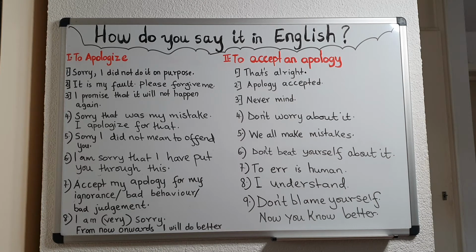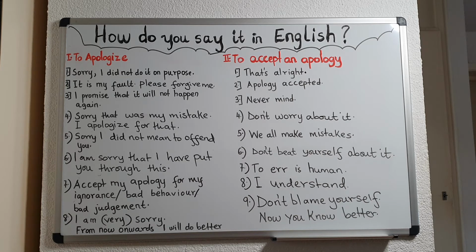You did not realize that it was going to hurt them. Okay, sometimes we do things and without realizing we hurt the people that we love. So to apologize for that, you can say, sorry, I did not mean to offend you, meaning I did not mean to hurt you.